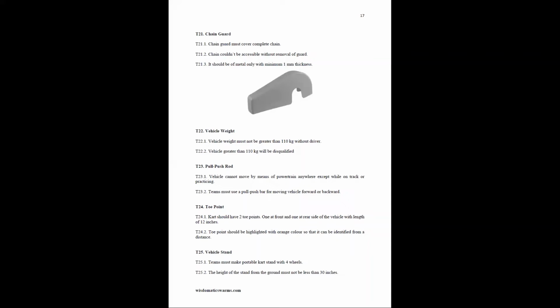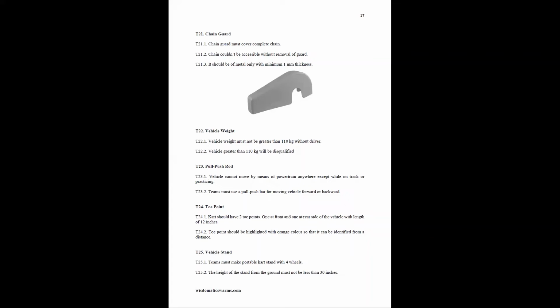The pull push rod is for your help in carrying your vehicle here and there. You have to use only the pull push rod until and unless you are told you can start your cart. The towing point should be highlighted in orange color for use of the pull push rod.